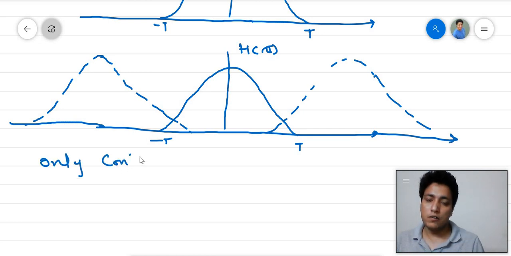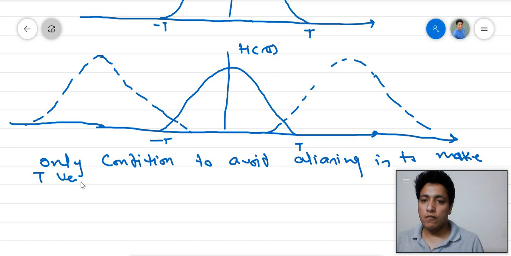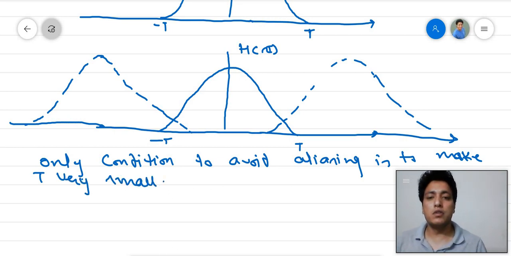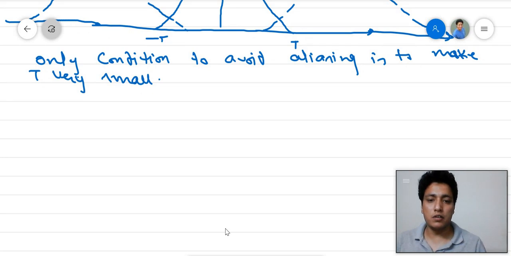The only condition to avoid aliasing is to make T very small. This particular condition we have already used in our previous case to approximate the DC gain. So we have seen why this condition is important. This condition is used to avoid the aliasing.